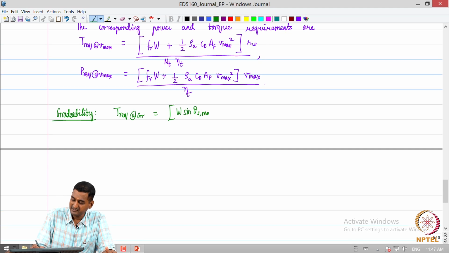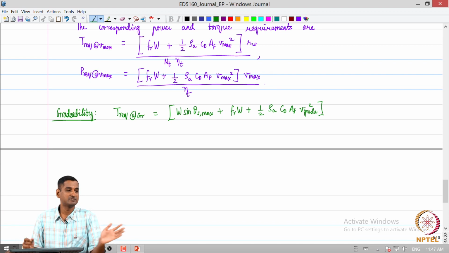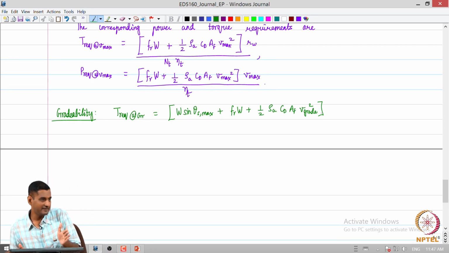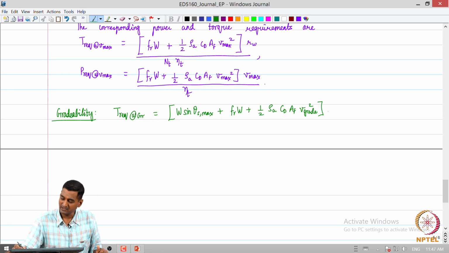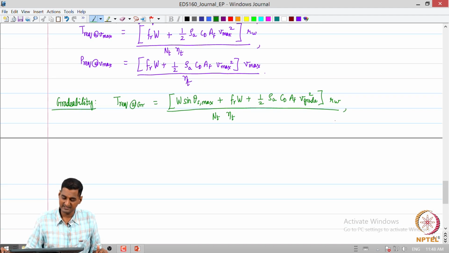That will be grade resistance plus rolling resistance plus aerodynamic drag, which will be this. These are the forces that the vehicle powertrain needs to overcome. Then to get the motor torque, we multiply it by the wheel radius, and divide by the transmission ratio and the transmission efficiency.